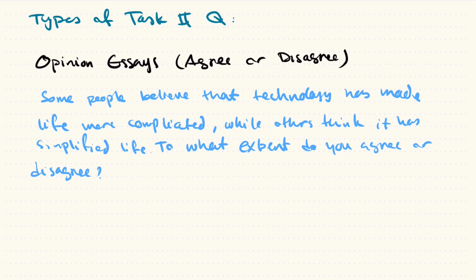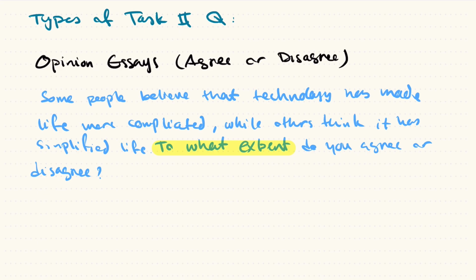The main point here is, when they say to what extent do you agree or disagree, take the extreme position. Don't think about the logical or your true beliefs, because it will be complicated. Let's say you feel somewhere in between, you feel that technology somewhat made life easier and somewhat made life more complicated, then writing about that is complicated.